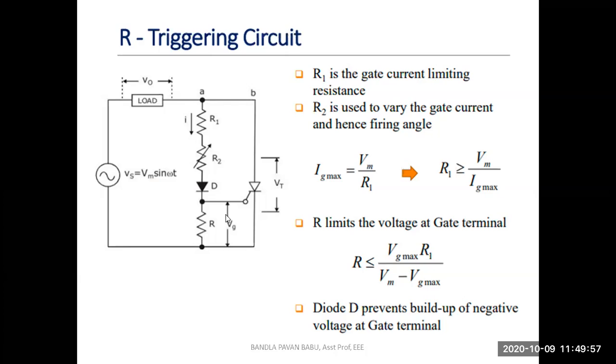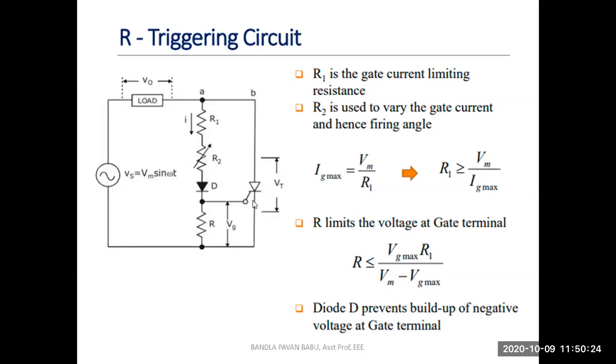The gate voltage is mentioned as Vg. What is the importance of this gate voltage? It is the voltage required so that the gate draws current. Between the gate and cathode a small voltage appears, and through this gate terminal we are allowing the minimum current.